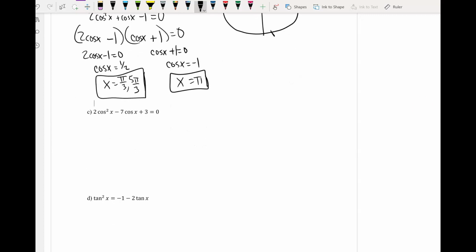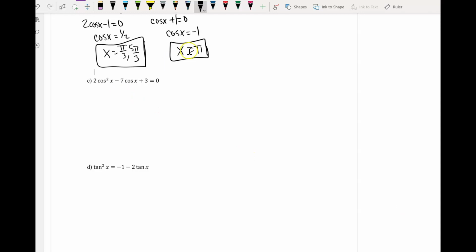Okay. Now let's look at this one that looks a little more challenging. I don't know if this is factorable, but let's go ahead and try to factor it. I see a 2 cosine x here, cosine x here, put a 3 here and a 1 here.